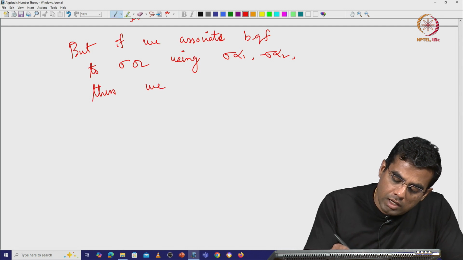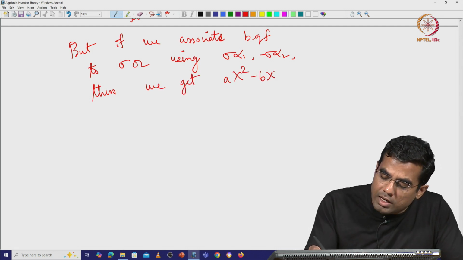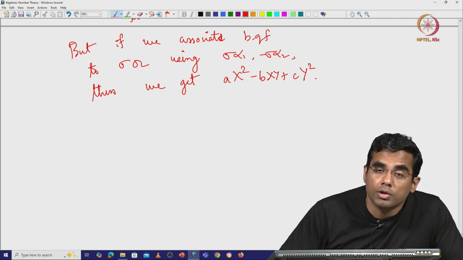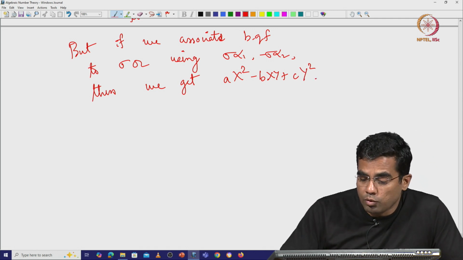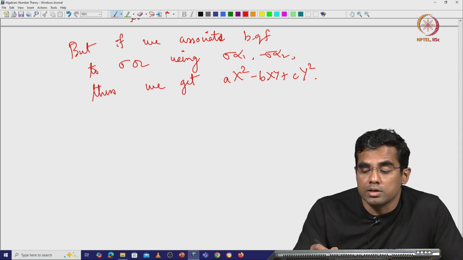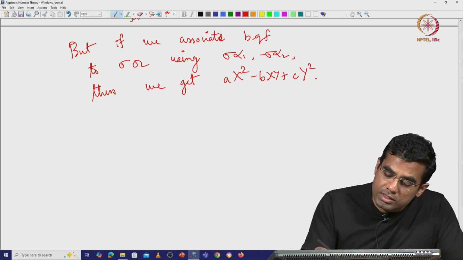then we get ax squared minus bxy plus cy squared, right, because the only quantity where this change of sign is relevant is b, right. And this is also reduced.